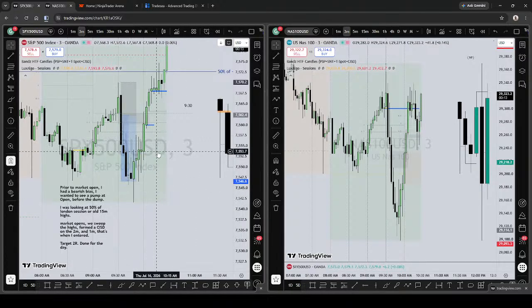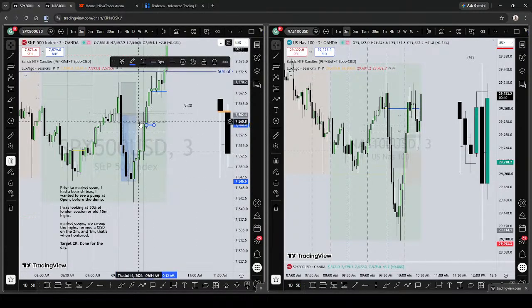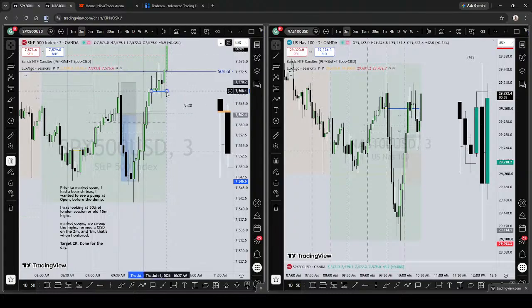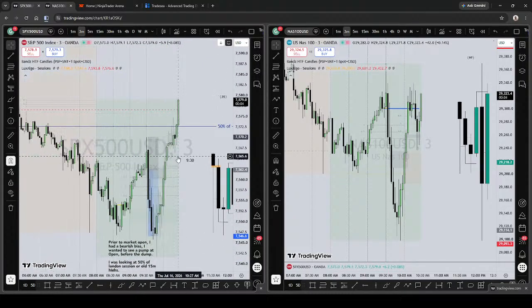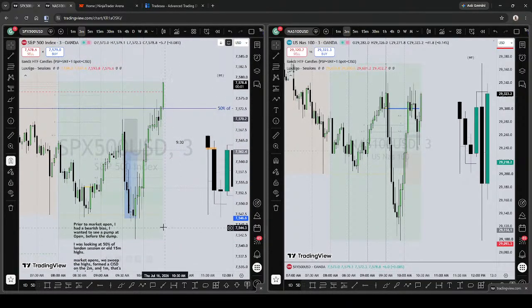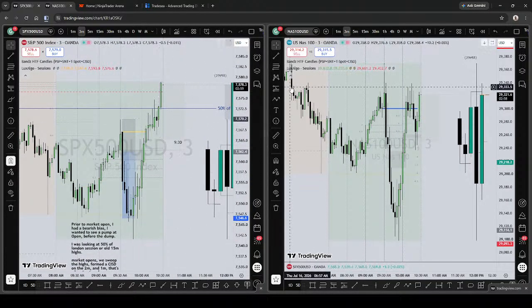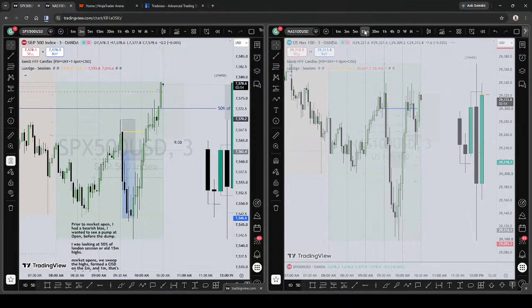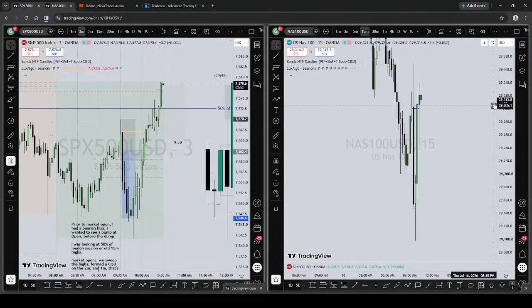I've been trying to see if I can get a second continuation move lower, but it seems my bias of being bearish for the day might have been wrong. And yeah, we keep climbing. Right now, I have a very valid bullish bias.